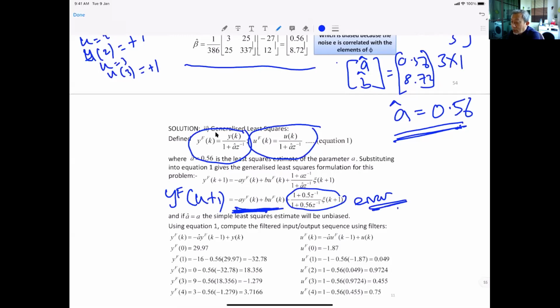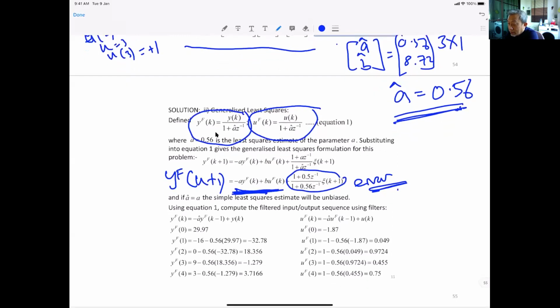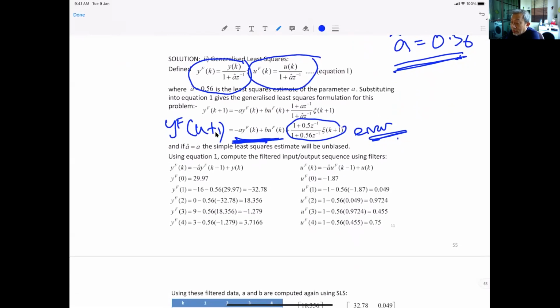Okay, so we calculate y f of k now. y f of k is equal to minus A cap y f k minus 1 plus y k. The initial condition is given as 29.97.